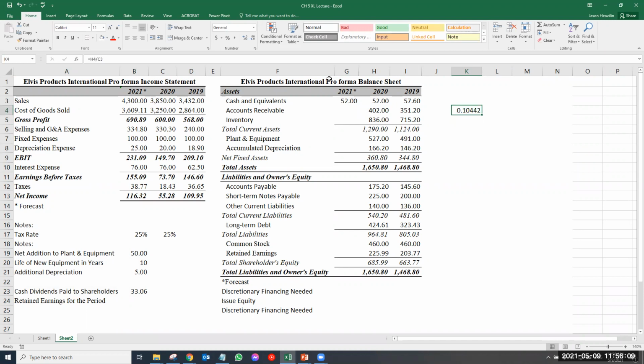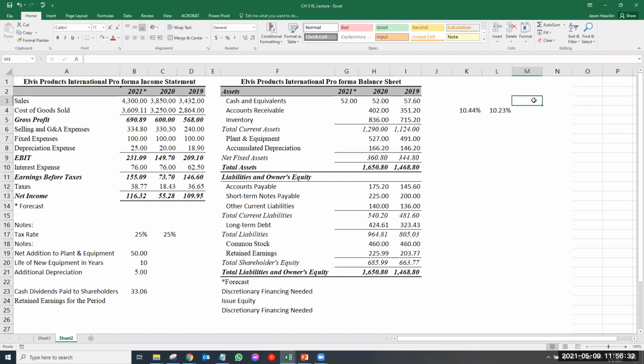Let's make that a percentage with a couple of decimal places. All right. Now, this one I can get away with dragging it. So I can also then do 2019, accounts receivable 2019 divided by the sales of 2019.